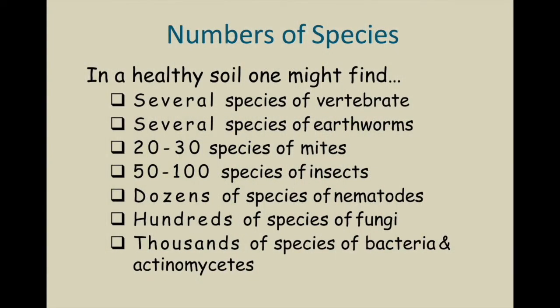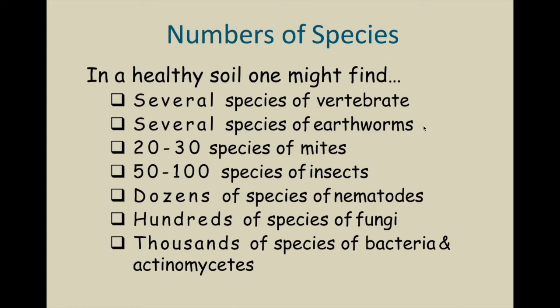Now, the number of species: in a healthy soil, we can find several species of vertebrates, the animals that we know that are bigger, I mean macro, and several species of earthworms.